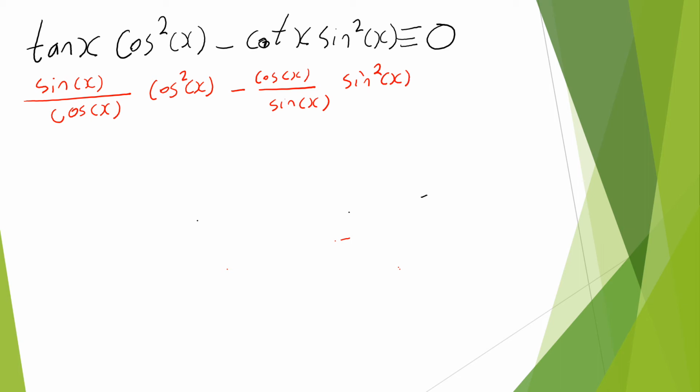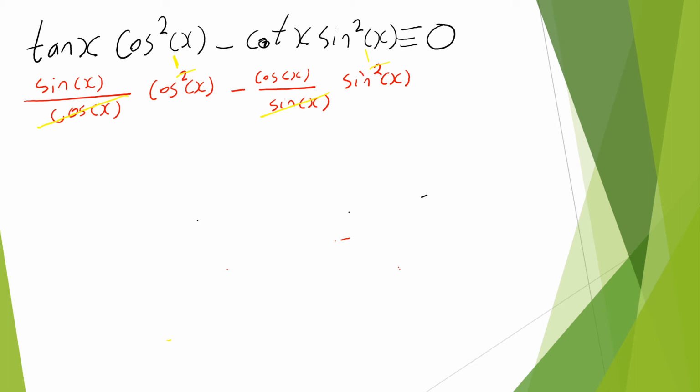With trig identities, it's good to continue vertically, not horizontally. Next is simplifying. I've got one cosine on top and one cosine below that will simplify, and one sine on top and one sine below that will simplify.